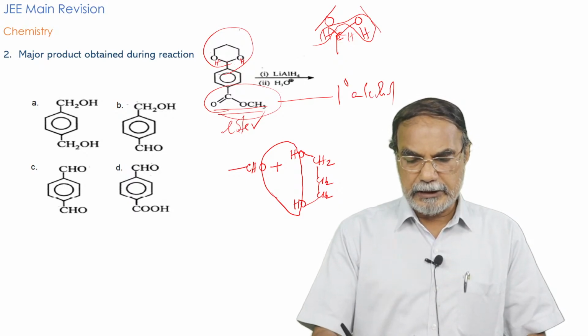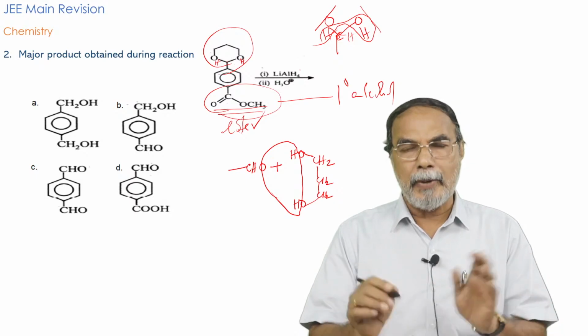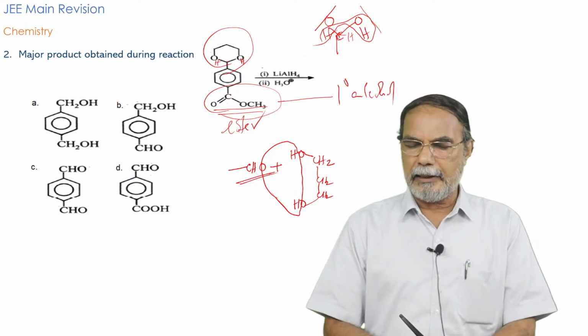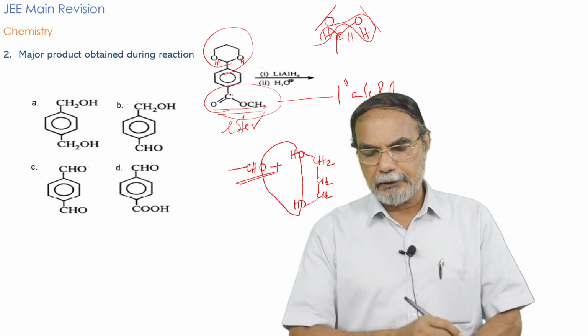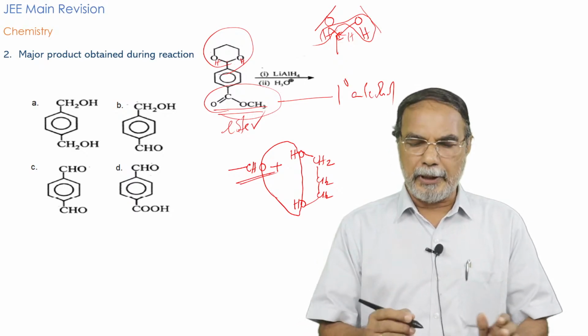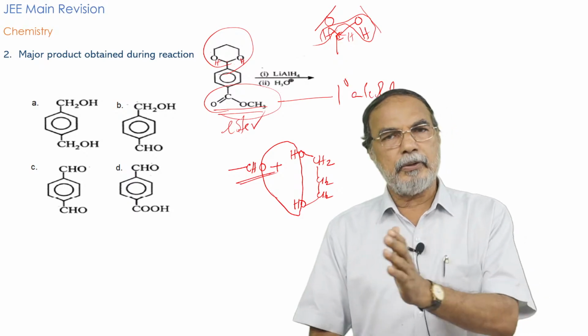So this cyclic structure on reduction with lithium aluminum hydride will give back the aldehyde group, and this ester group on reduction will give a primary alcohol. So the product of the reaction is one in which the ester group has been converted into a primary alcohol.